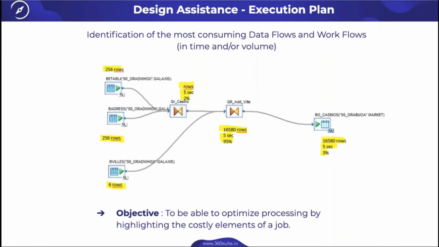So you can pinpoint where the most time-consuming process is. Maybe that's an area where it could be improved and tuned, or something's changed and it needs to be changed to improve the process.